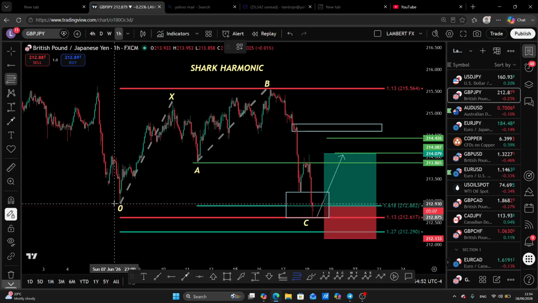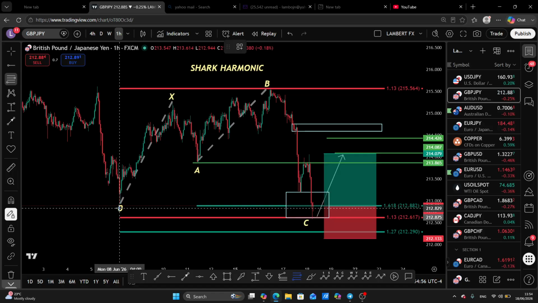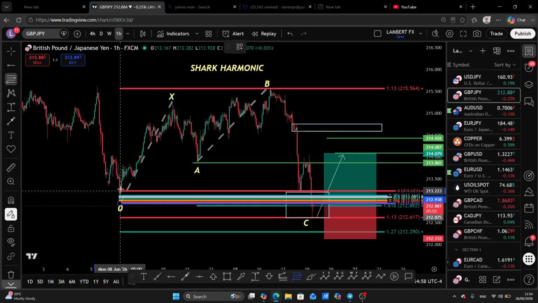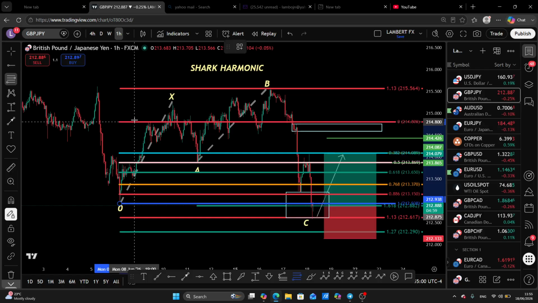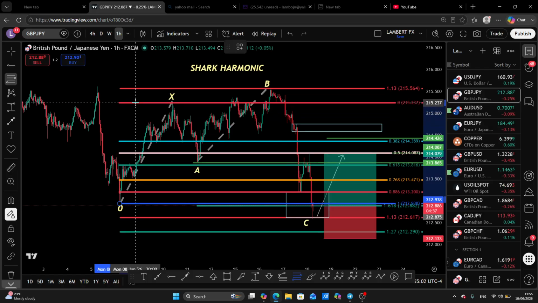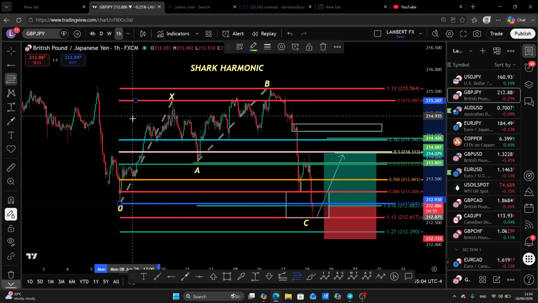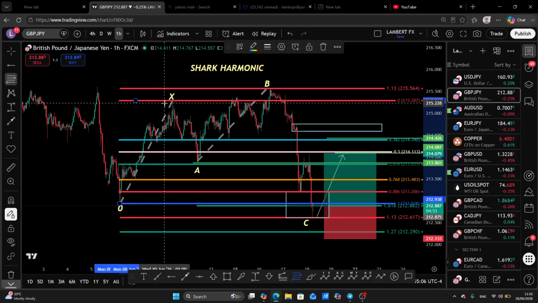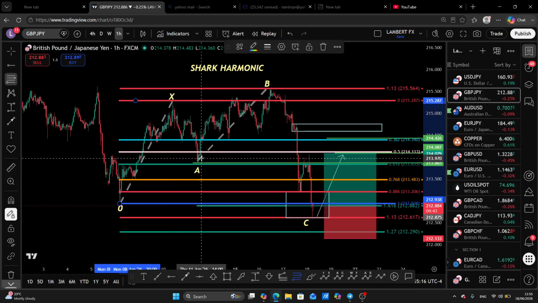In this example, this low here, which we label as O. You measure from there to where the impulse ended. So that is labeled as X. This pullback here must not touch 0.786, which is this fib.